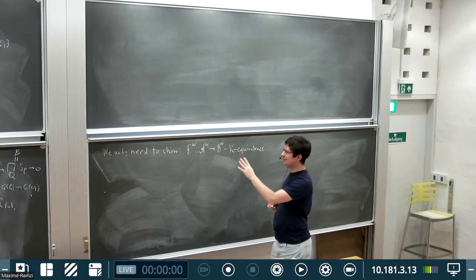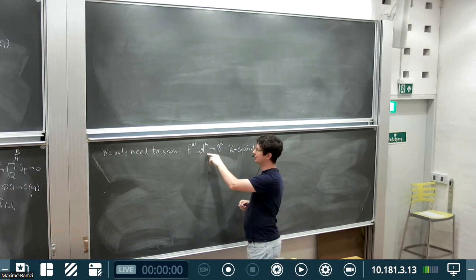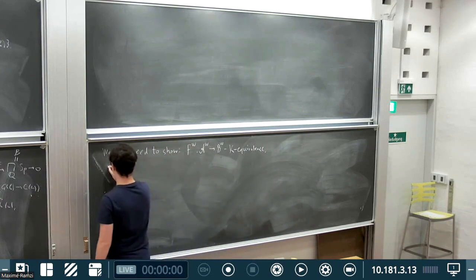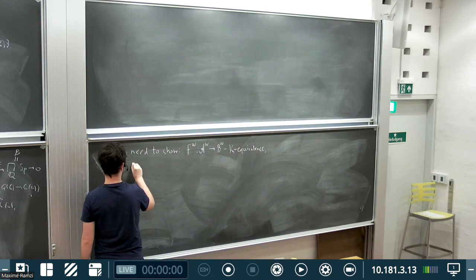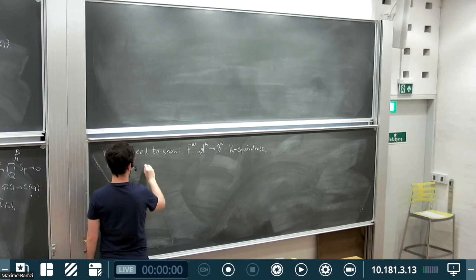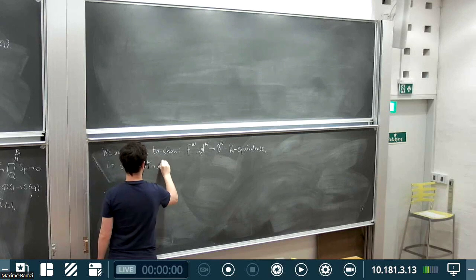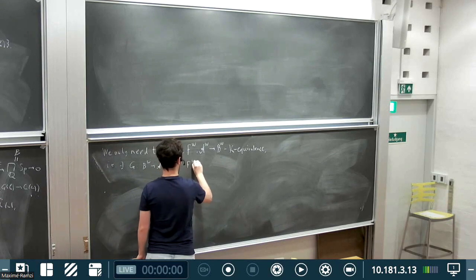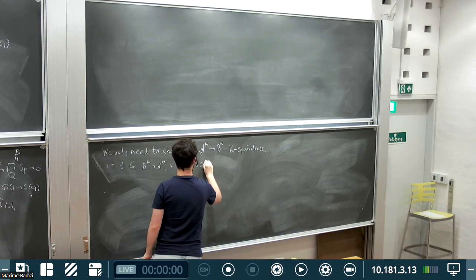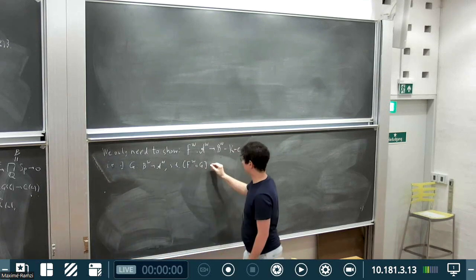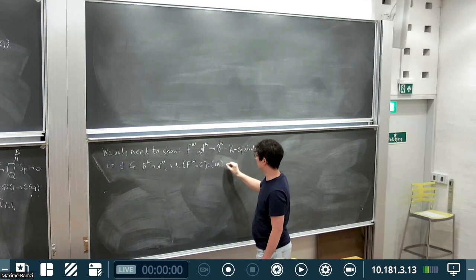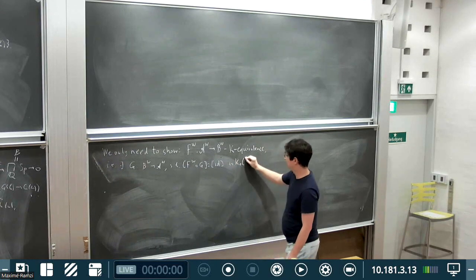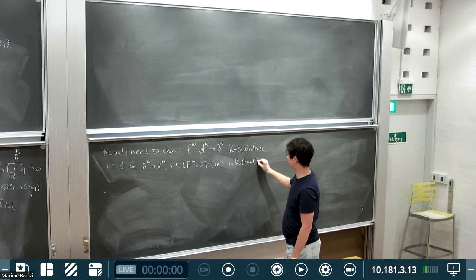So we only need to show that this functor f omega from A omega to B omega is a K-equivalence. Which means there exists some functor, let's say g, from B omega to A omega, such that both compositions, f omega composed with g, its class in K0 of exact endofunctors of B omega should be the same as identity.